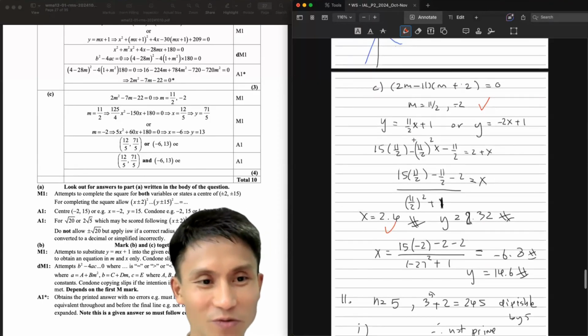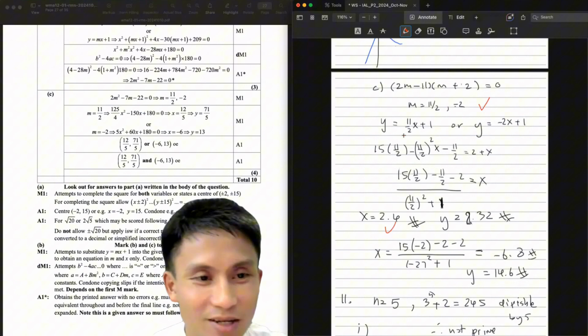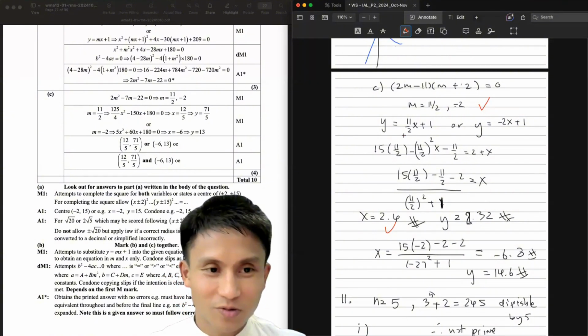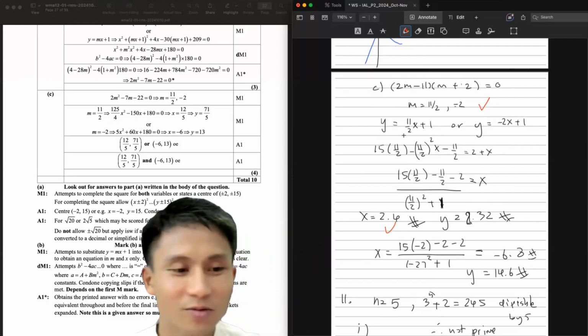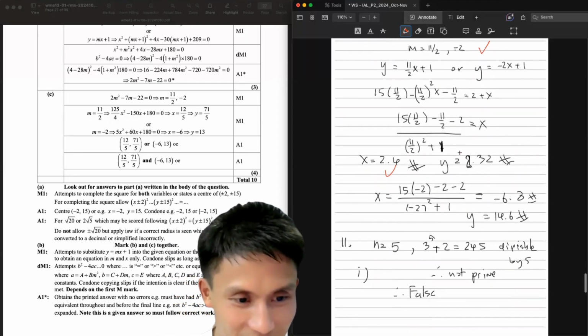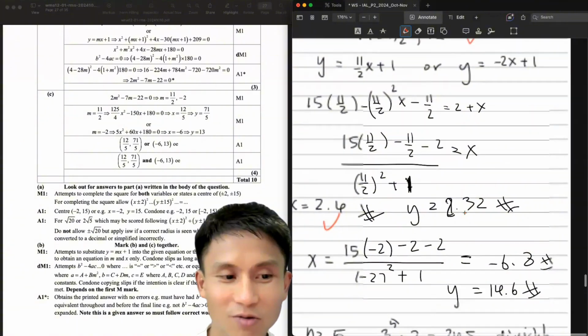Did I substitute 2.4 in there? Yeah, I did. So what is, hang on. 2.4, 1.2. Oh, that is not 13. Oh, it is 13. Wait, what? What did I write here? I can't read my handwriting now.